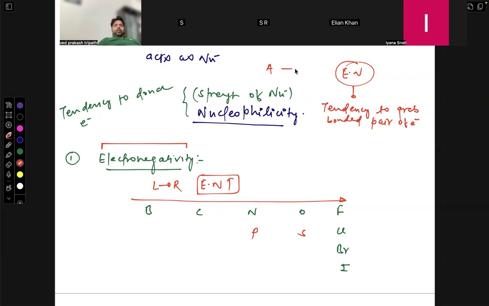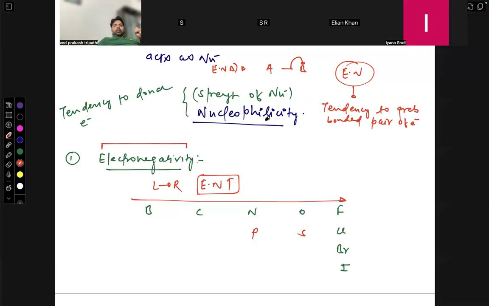Suppose I said AB bond and I am saying electronegativity of B greater than A. So B will hold the bonded pair of electron like this. If A is more electronegative, then we can say A can hold. Yeah, that's right. Makes sense? The electronegativity concept means tendency to grab the bonded pair of electron.